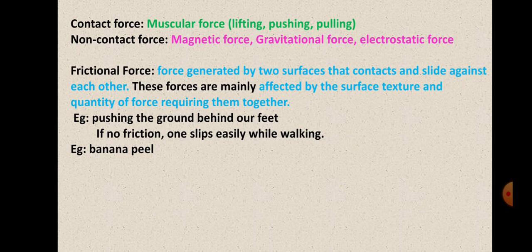Basically the rough surface resists and thus you are able to walk. You might have seen that those ramps, the tiles are not smooth. They are arranged in such a way that the surface becomes uneven so that you can walk smoothly with a grip on the slope. Okay.